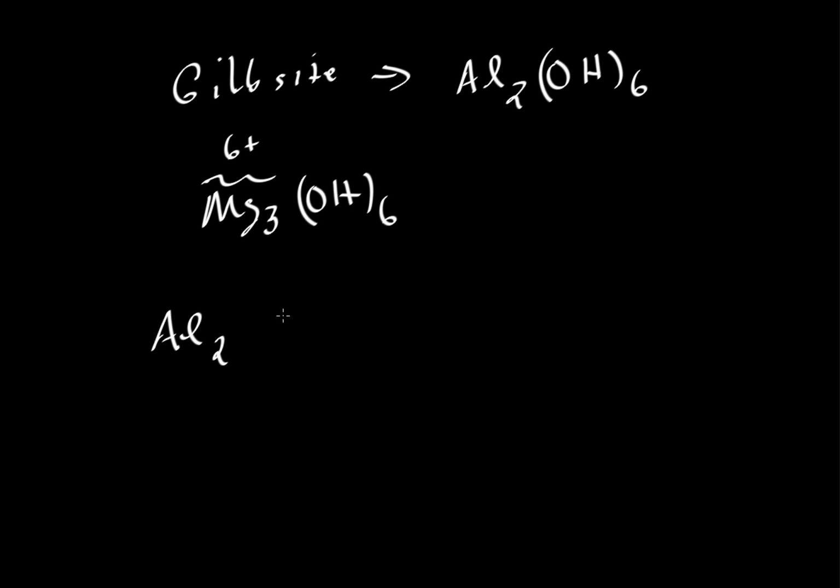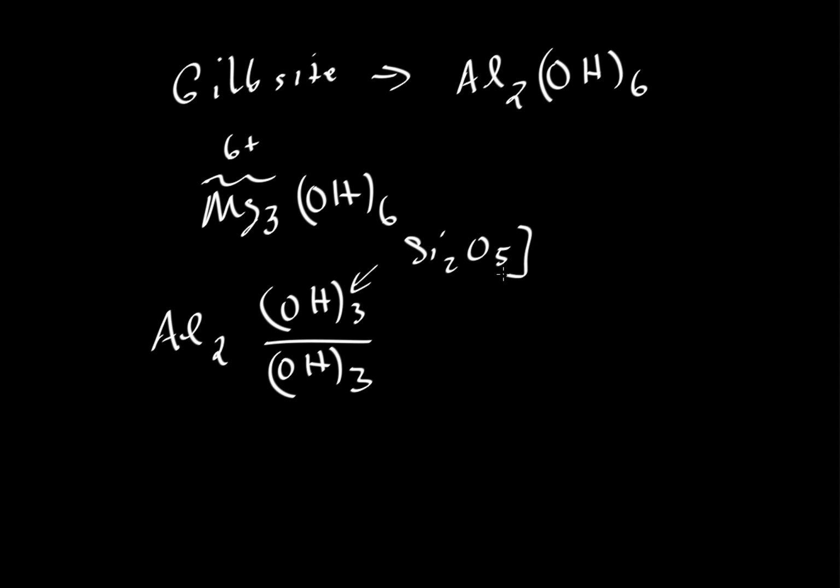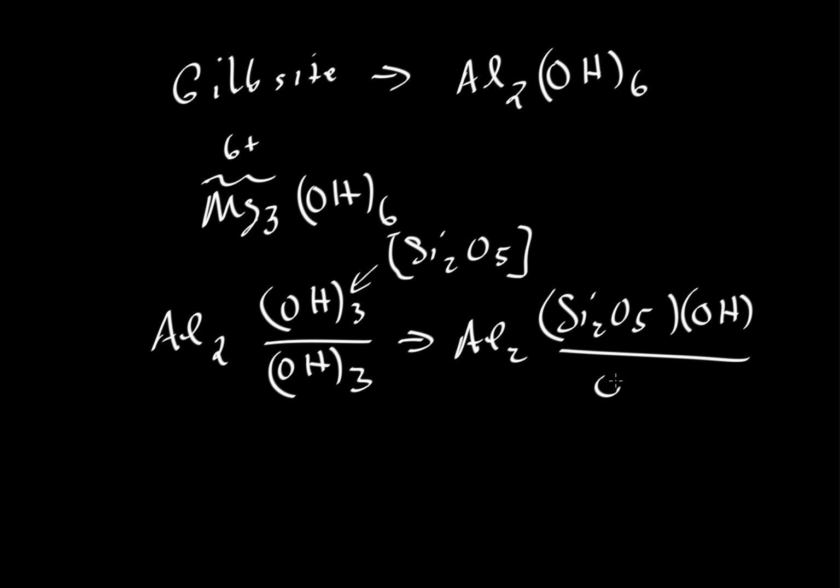And we could play the same game we had before. We can write Al2 and then (OH)3 on top and (OH)3 on the bottom. But we could take out 2 of those hydroxyls and put in an Si2O5 unit. If we do that, we would have Al2 with an Si2O5 in that top layer, leaving 1 hydroxyl left, and then we would still have 3 hydroxyls on the bottom.